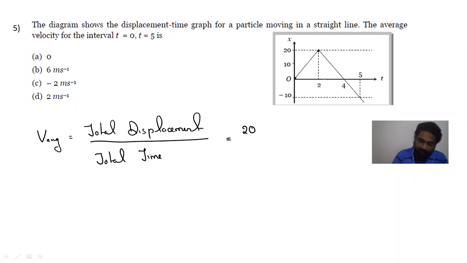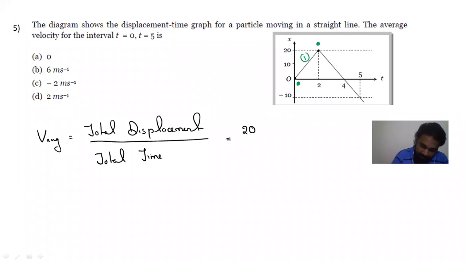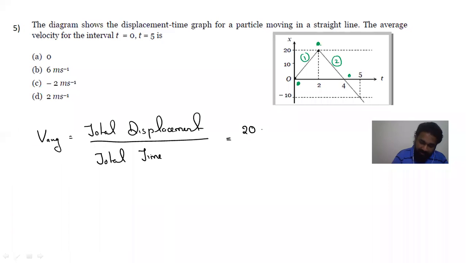Okay, then the next set of displacement is from, see, I will mark the points, from this point to this point, one displacement. Then from this point to this point, another displacement. So this is coming back, again coming back, the direction is changed, so we will take minus 20.